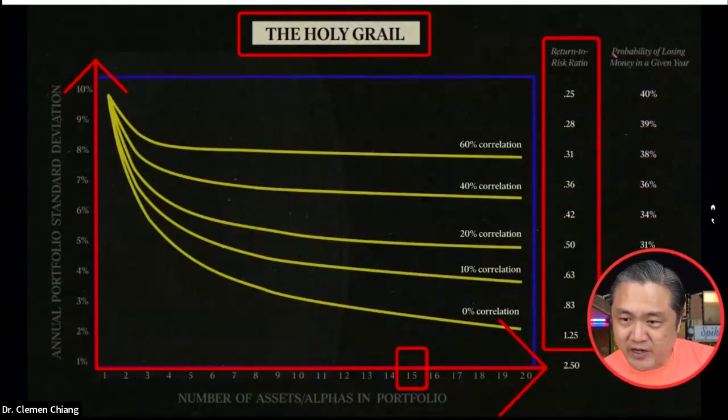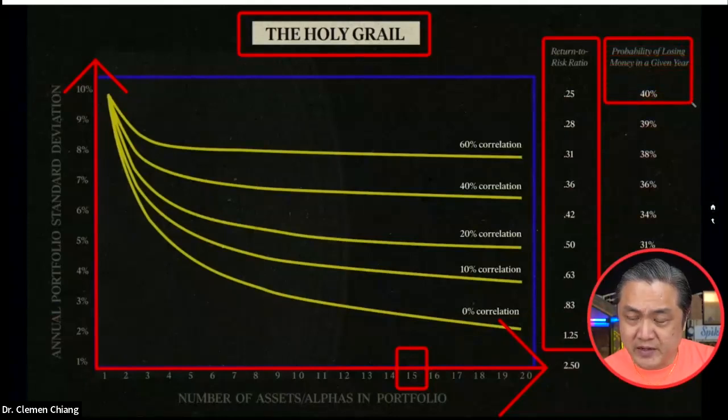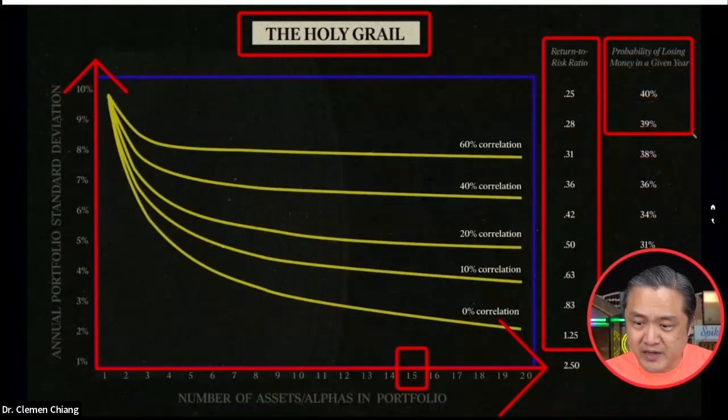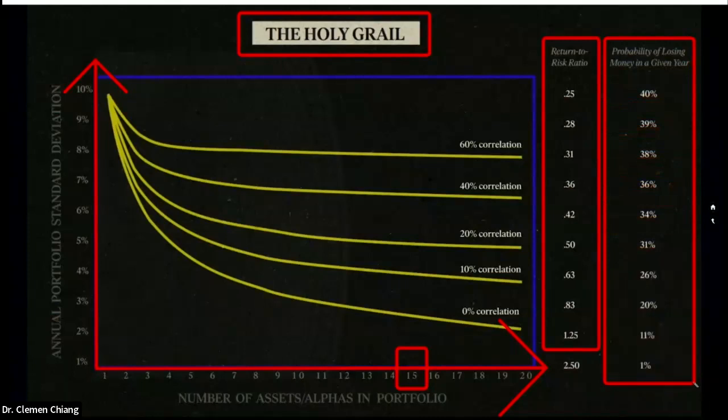Then the second column says probability of losing money in a given year. Here it is very high, starting with a descending number, from 40, drop to 39, and then finally at the bottom here, it actually falls to 1%. Wow. So what exactly is this whole concept of the Holy Grail?